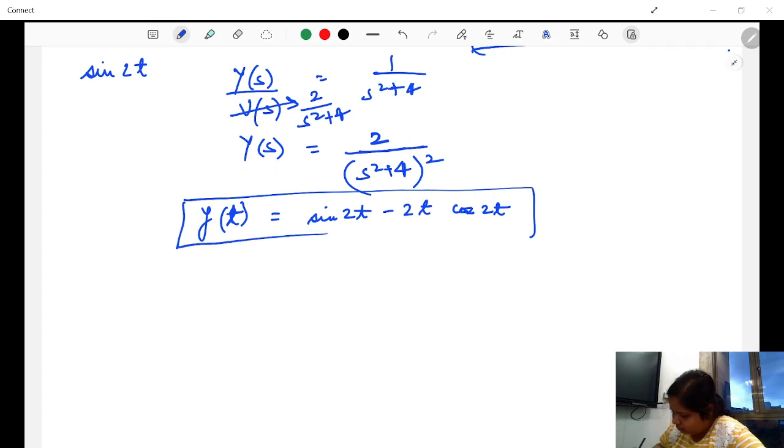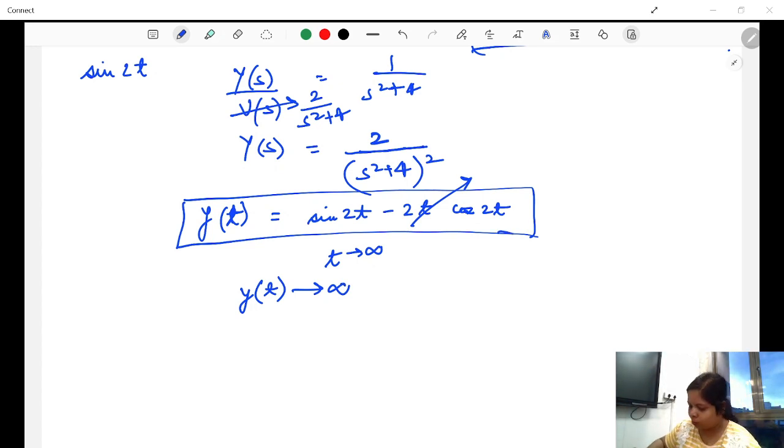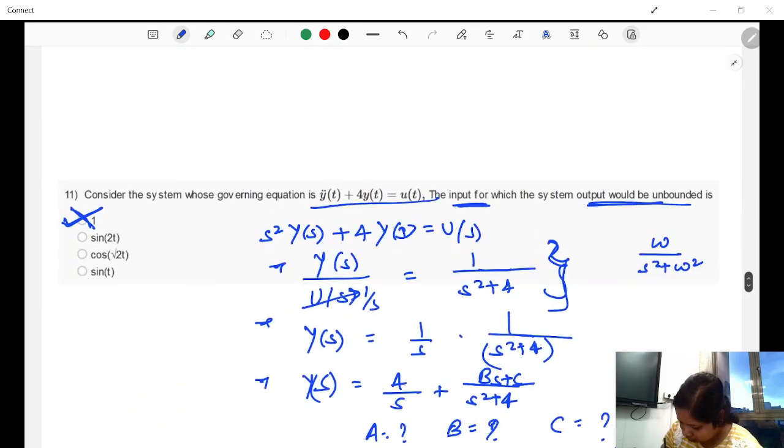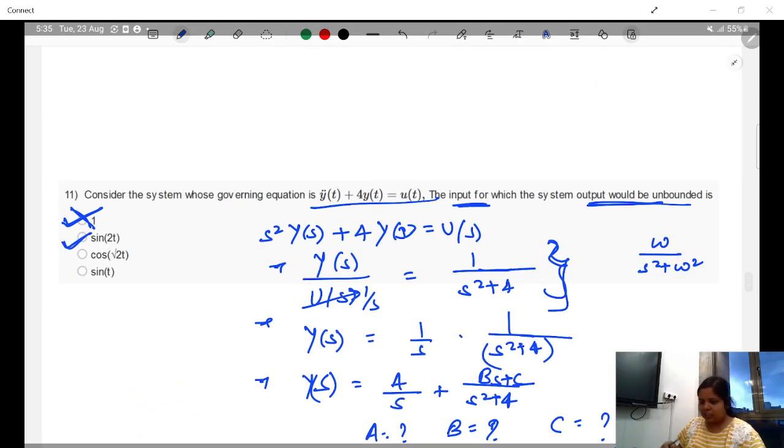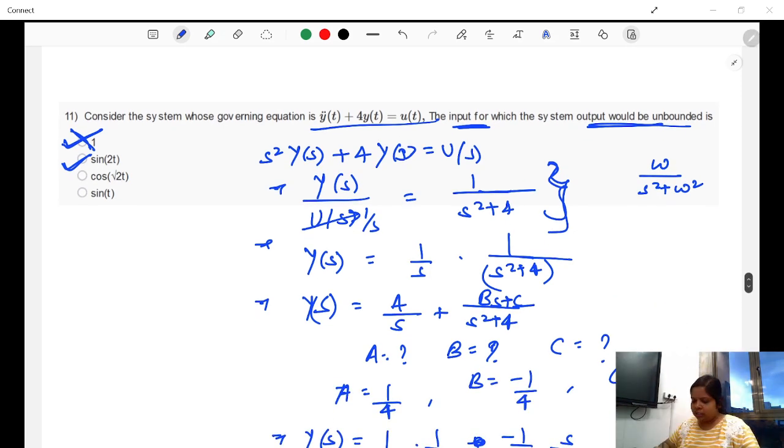Now, if t tends to infinity, y(t) would also tend to infinity because you have a t term explicitly here. So this will take you to infinity and you will have unbounded. So definitely the answer to this is this option. You can check the other two options also, but you have got the answer in the second option. For the third option, it is the same way. For the fourth option, it is the same way.